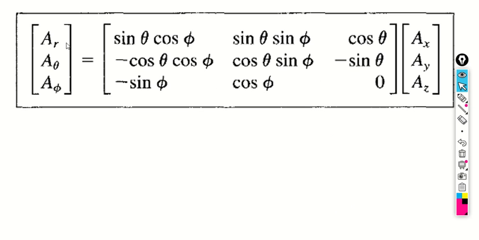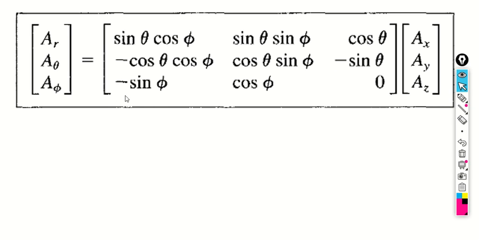So the relationship that we have is, if my Cartesian coordinate system is given to me, I want to convert it into spherical, I will be using the equations as AR A theta A phi is equal to, into the matrix form I am getting now, sin theta cos phi, sin theta sin phi, cos theta. Second row, minus cos theta cos phi, cos theta sin phi, minus sin phi.